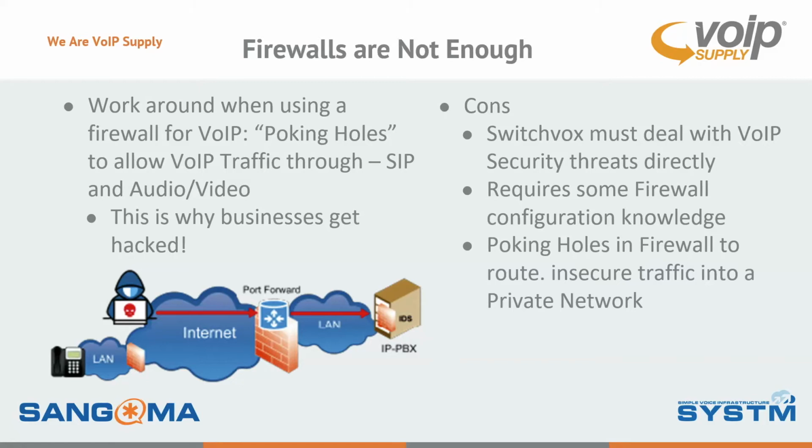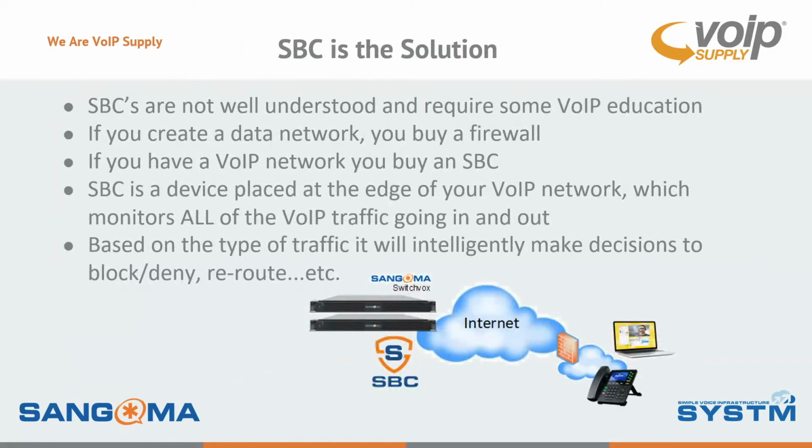It also requires you to have some understanding of the firewall and knowledge of its configuration, port forwarding, ACLs, and things like that, which not everybody has knowledge of how to best configure. And of course, poking holes in your firewall is an easy way of allowing malicious activity to go from an untrusted network, such as the internet, to a trusted environment, such as your private network, which is always a security no-no. So an SBC is the solution here, right?